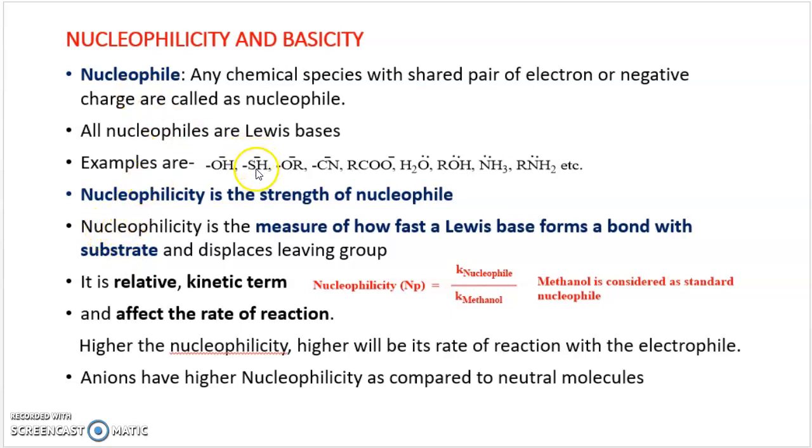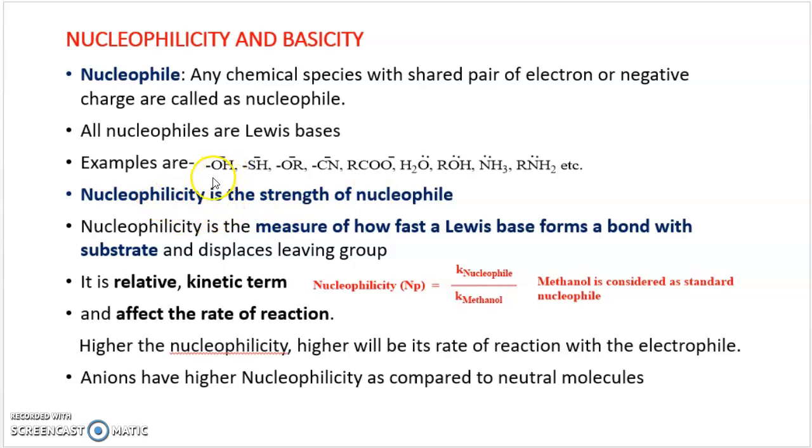A nucleophile is a negatively charged species or a species having a lone pair of electrons to donate, and in a chemical reaction it attacks an electrophile. Nucleophilicity is the strength of the nucleophile, that is, how fast a nucleophile attacks an electrophile.